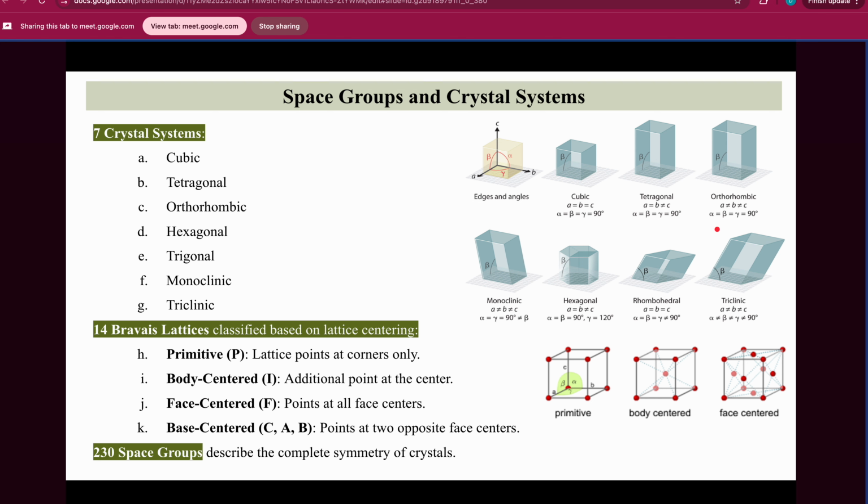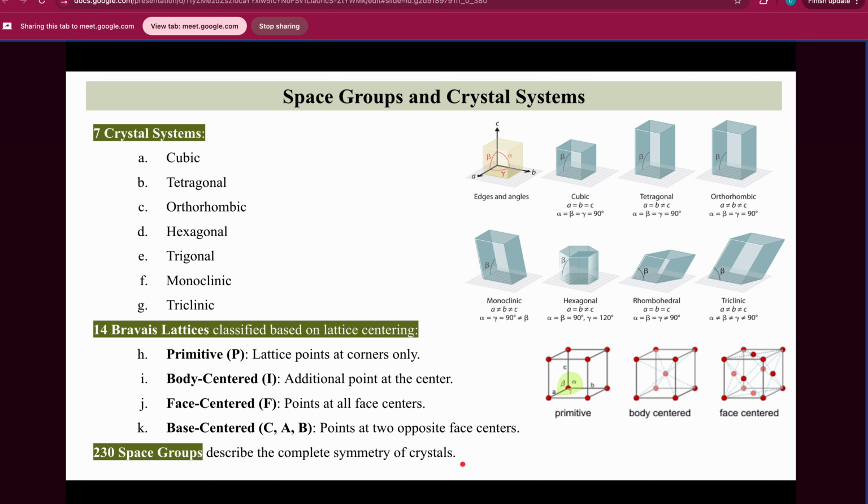Depending on the variation among these 6 values, there are 7 different crystal systems possible. Then comes centering. On the basis of centering on these 7 crystal systems, we generate 14 Bravais lattices. And after performing the symmetry operations, we can generate 230 space groups, which describe the complete symmetry of crystals.